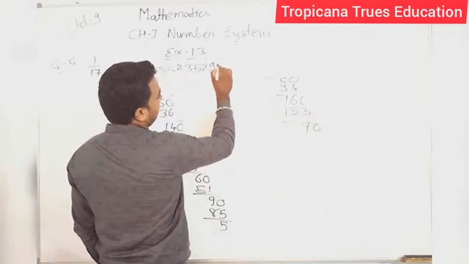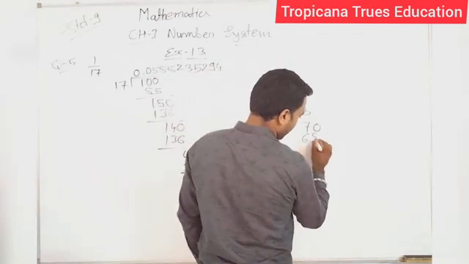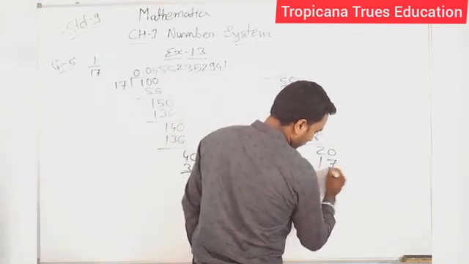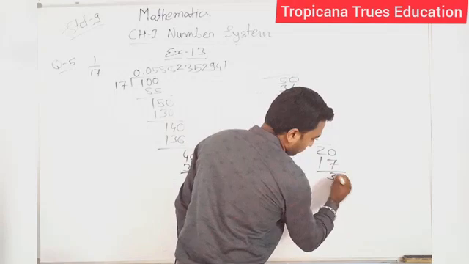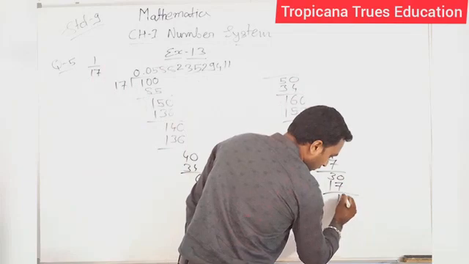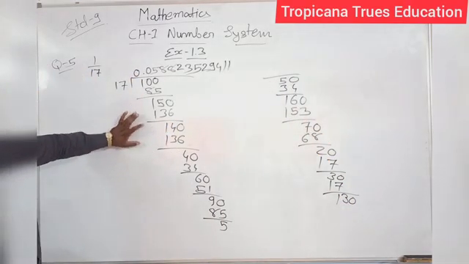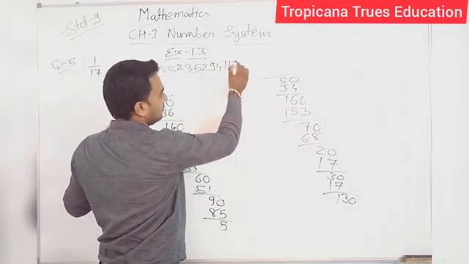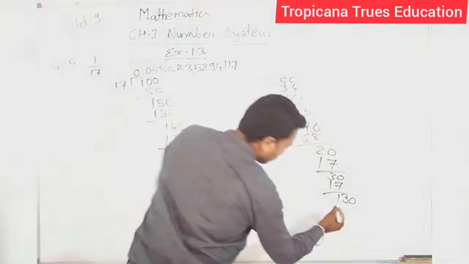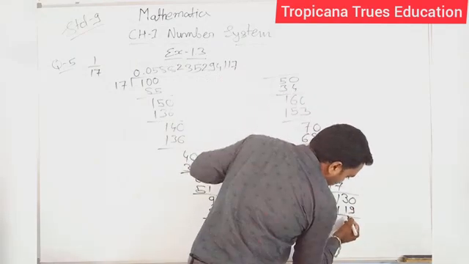17 4s are 68, remainder 2, put 0 here. 17 1s are 17, remainder 3, put 0. 17 1s are 17, then 130 is here. Then 17 7s are 119, the remainder will be 11.